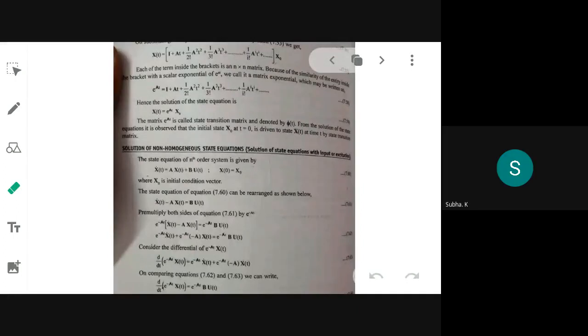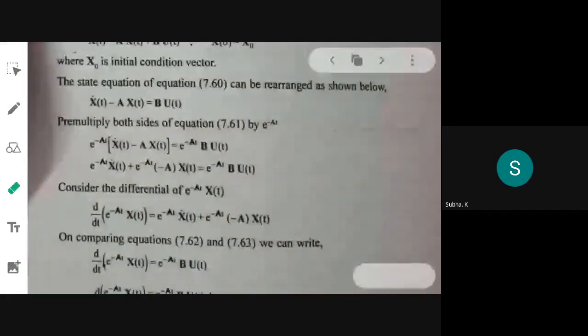Are you able to see the screen? Yes, ma'am. The screen is visible, but from my side the other system is not showing the screen. Did you understand the two methods, or did you not hear it? Only then will I be able to adjust myself. Without knowing the techniques, I cannot directly jump into the problem. Ma'am, please repeat once again. I think there is a network problem from your side. But you are able to see the screen now. No, ma'am. Now only I am able to see.